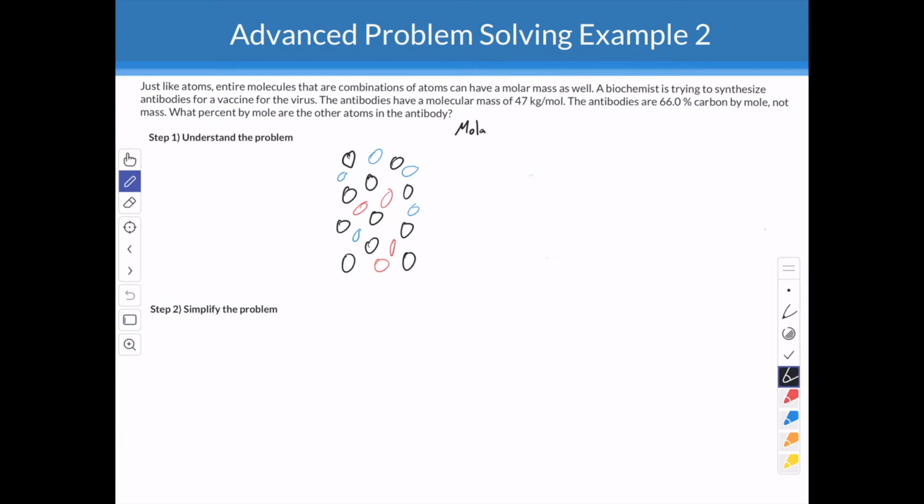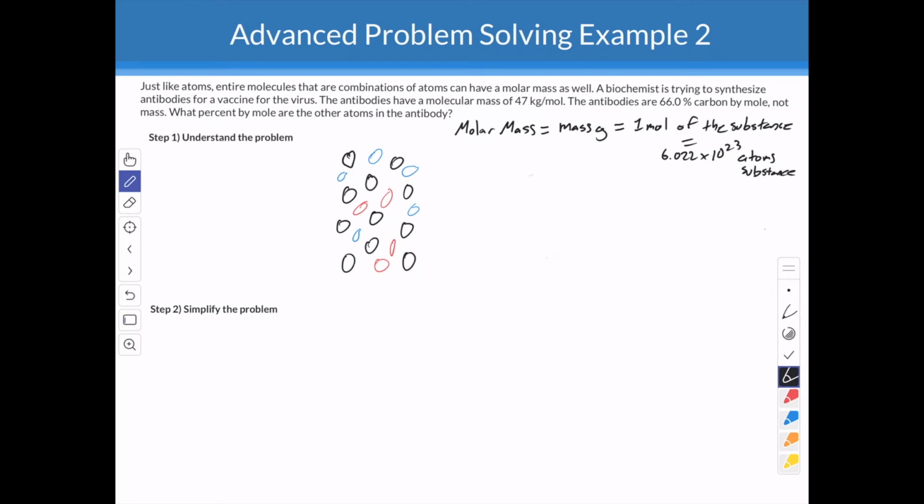Molar mass is the mass in grams, at least on the periodic table, that equals 1 mole of the substance. Which also equals 6.022 times 10 to the 23rd, at least for what we've learned, atoms of the substance.